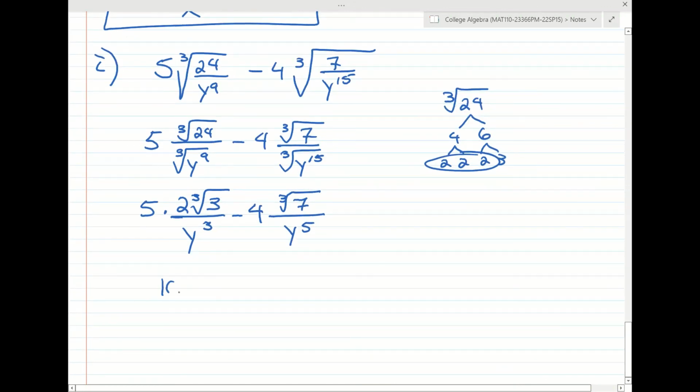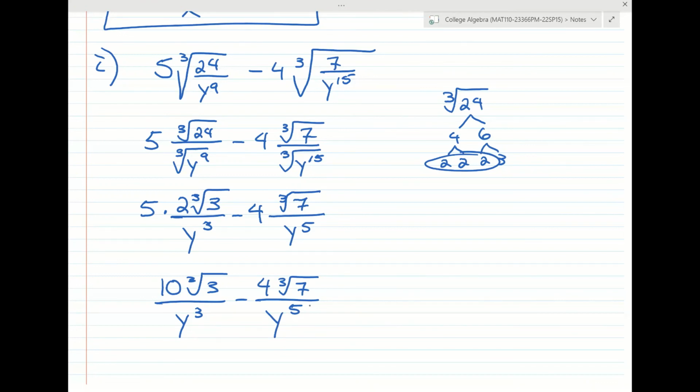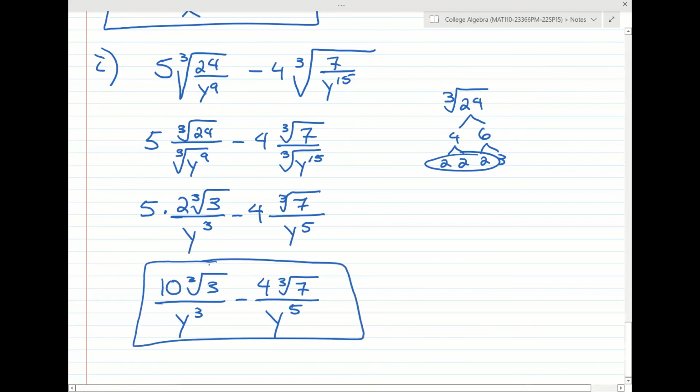So we just get 10 times the cubed root of 3 over y to the 3rd minus 4 times the cubed root of 7 divided by y to the 5th. That's a good enough answer for me if you just leave this alone.